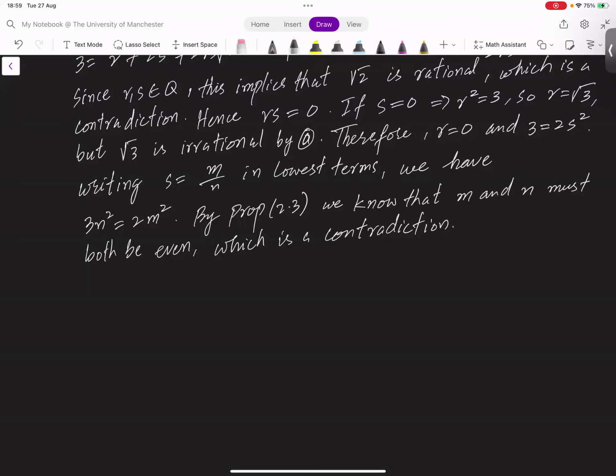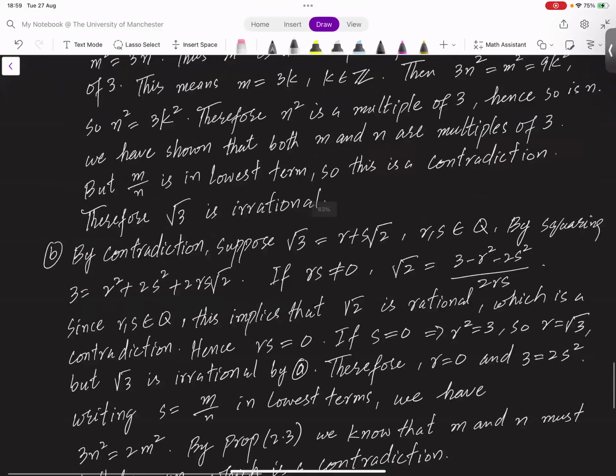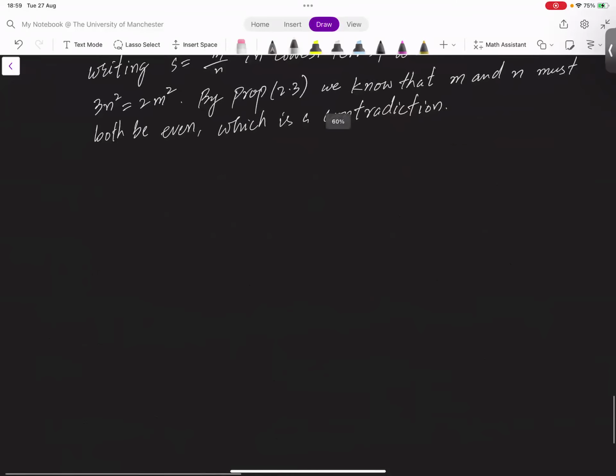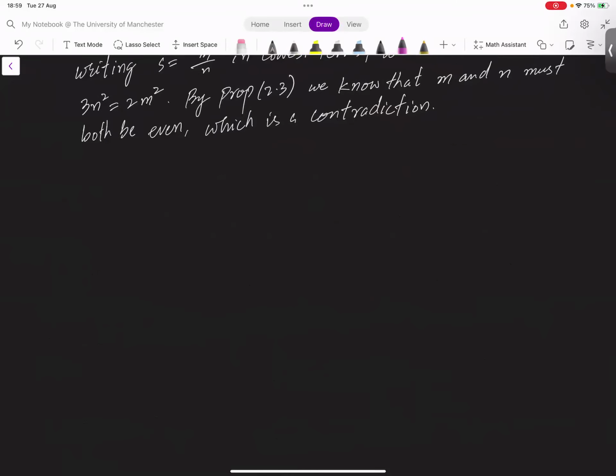Now, exercise number 2 is prove or disprove.